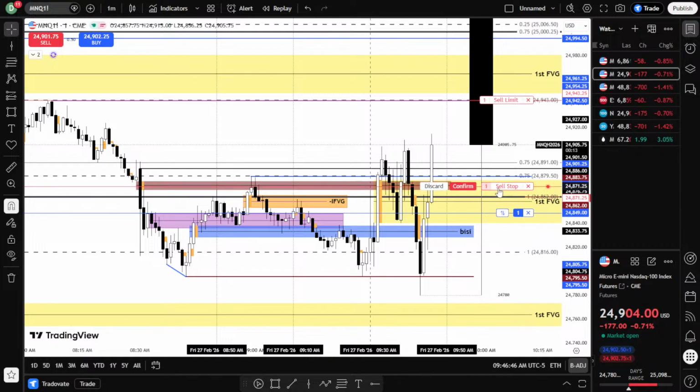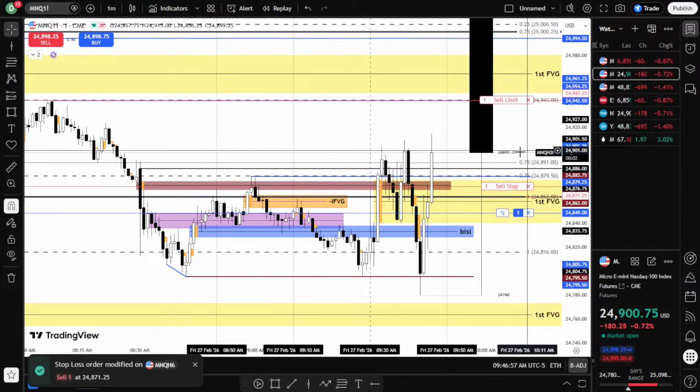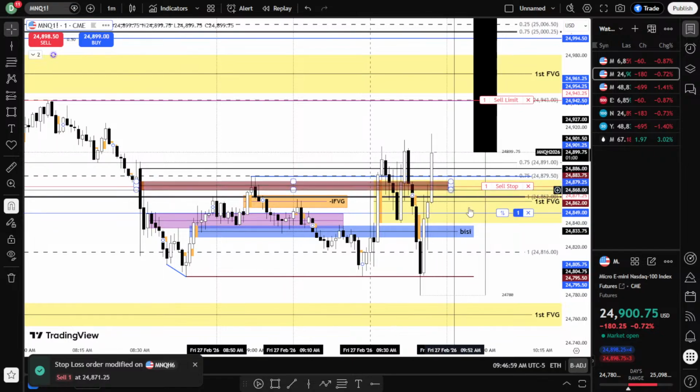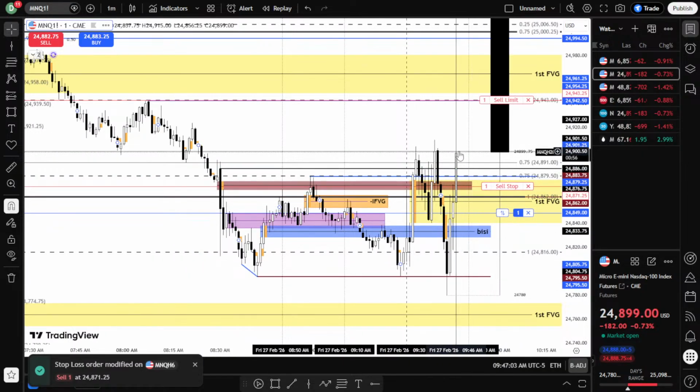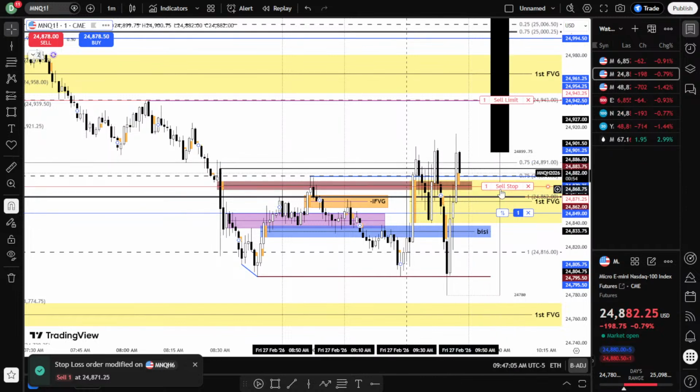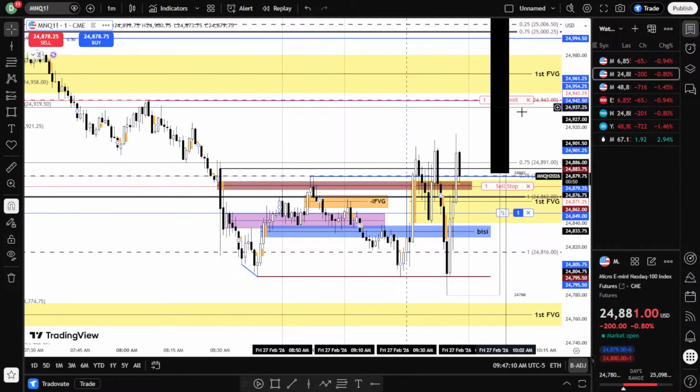Now I would like to increase my stop so that I can book something in this. It should not come back down. It can, I'm not saying that, but I would not like to see that. I would like to see it start to spool higher and take out this.